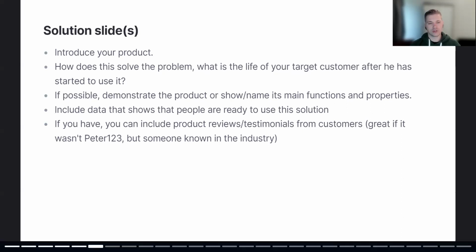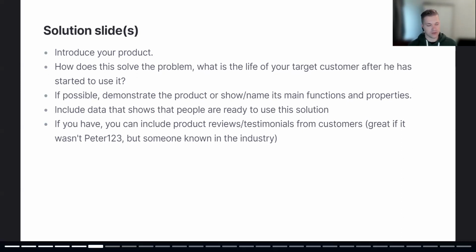If you have launched your product, then of course you show statistics about your business. If you haven't launched your product, then you could show some statistics about how much people are spending on this issue right now, fighting with different solutions.